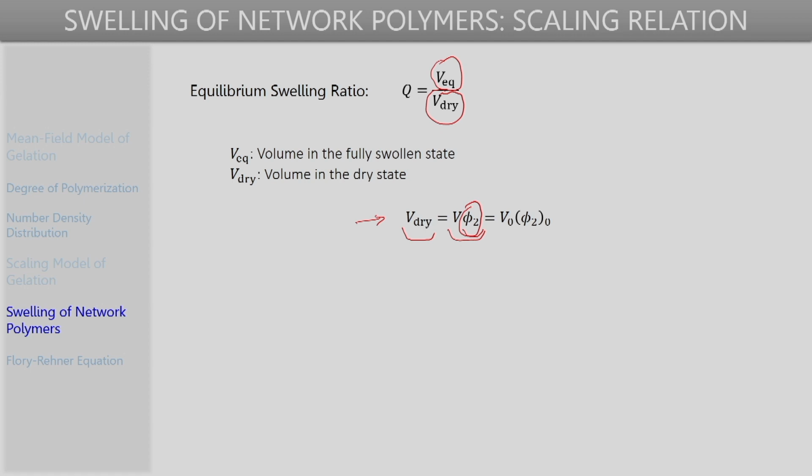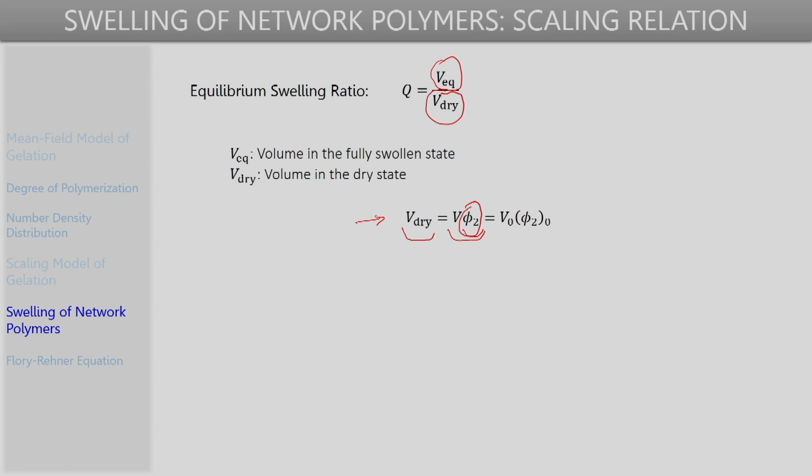Okay. And let us say that instead of starting with a dry polymer, at the initial point the polymer itself had some solvent present and then more solvent is added to swell it to a larger volume.